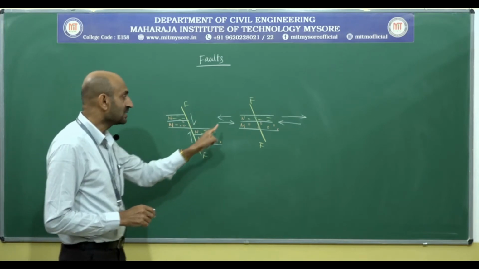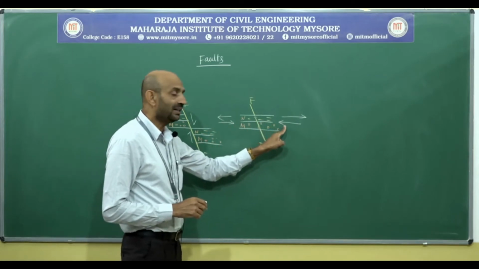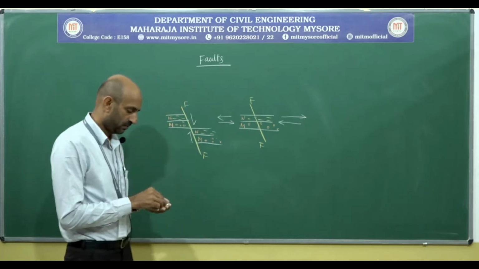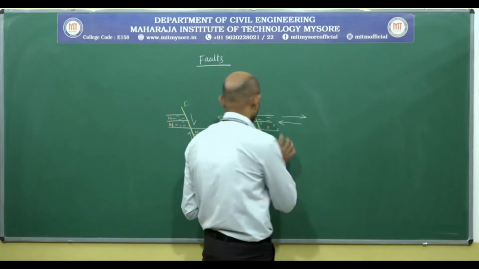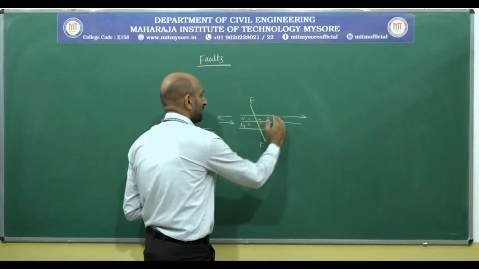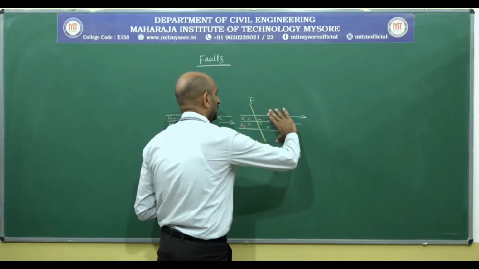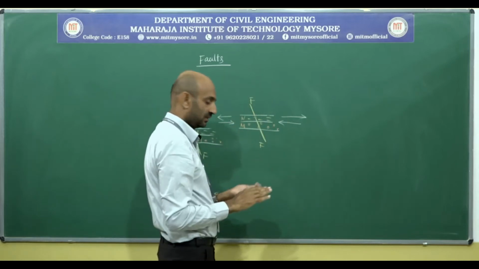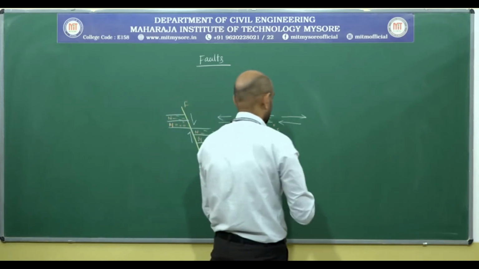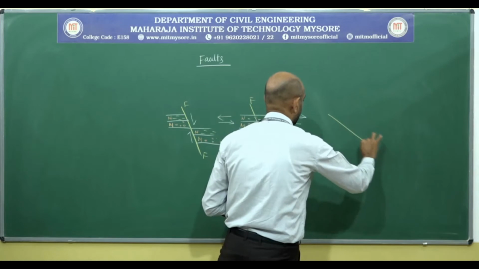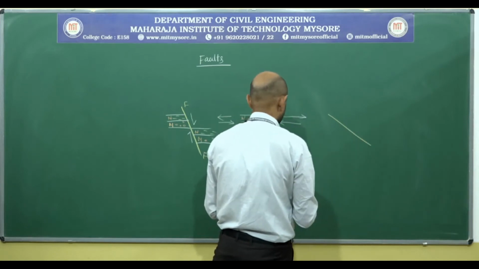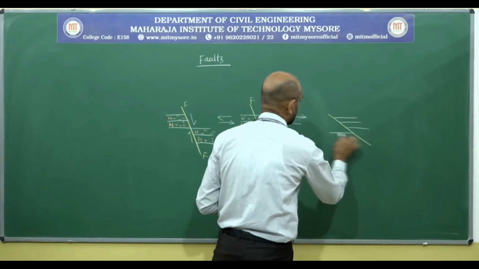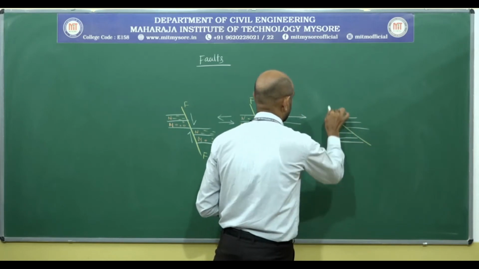When a rock bed is subjected to lateral compressive force, what will happen? You see, when it exceeds, one block has to move upward over the other block. If this is the fault plane, this is one block, this is another block.